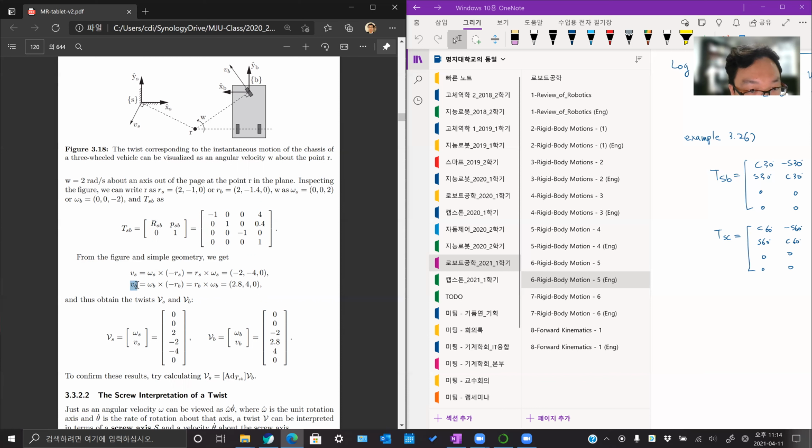When we calculate V_B, it is R_B cross omega_B. So we can get this. In that case, V_S becomes like this and V_B becomes like this. In this example, they want to confirm this result by calculating this one.